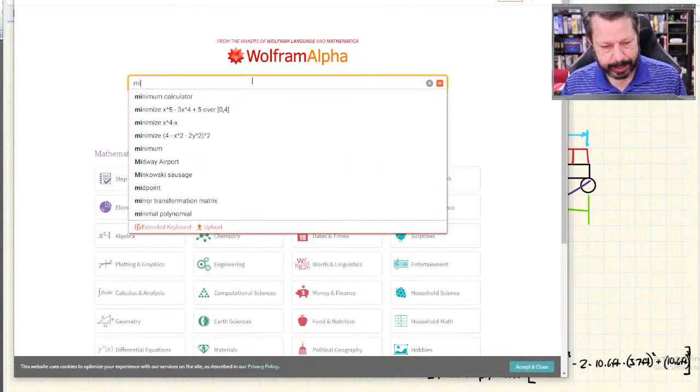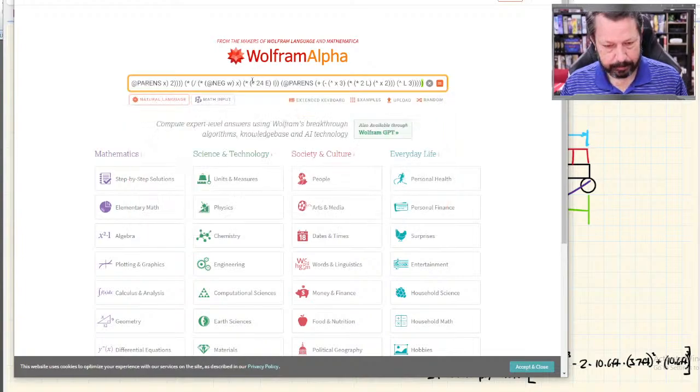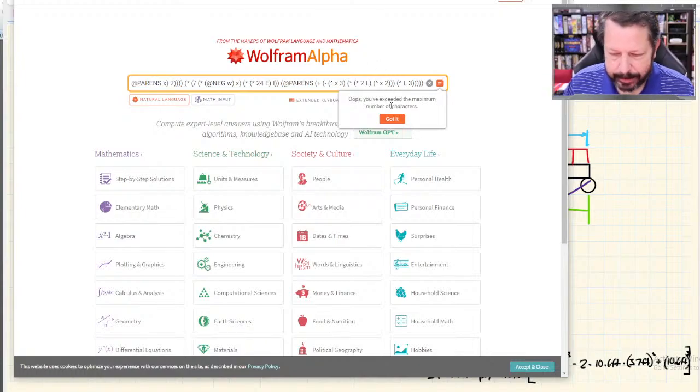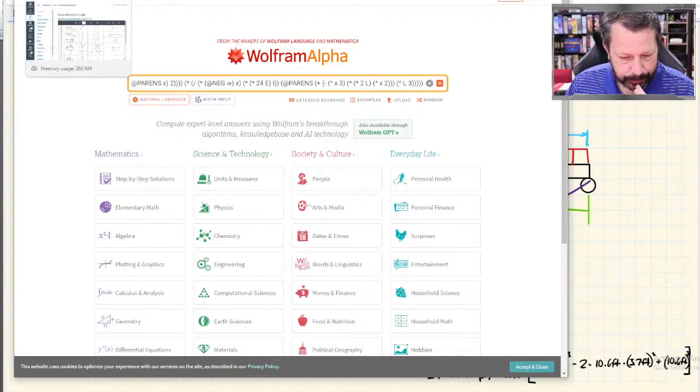Let's see. How would I ask it this? Or, well, 0 of that equation. Oh, no. Too many characters. So, Wolfram will not save us. Maybe if you have the paid version, then it'll do an unlimited number of characters on there.